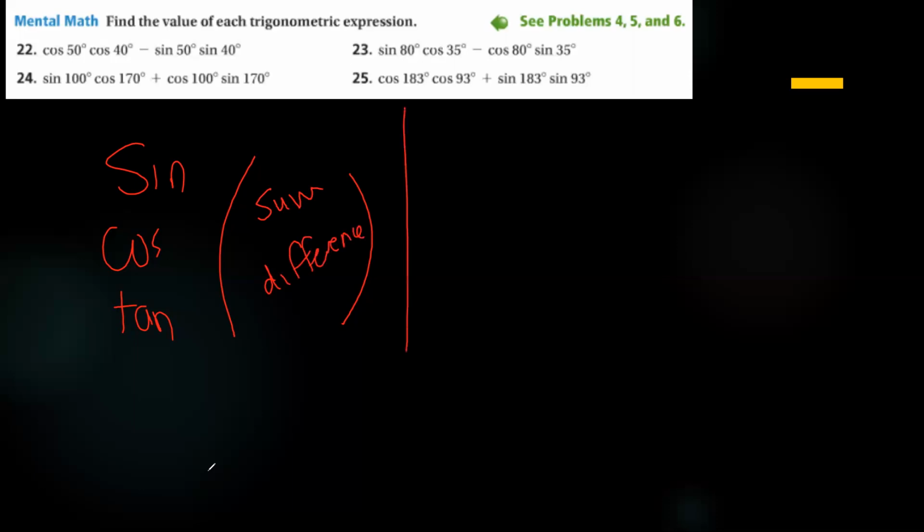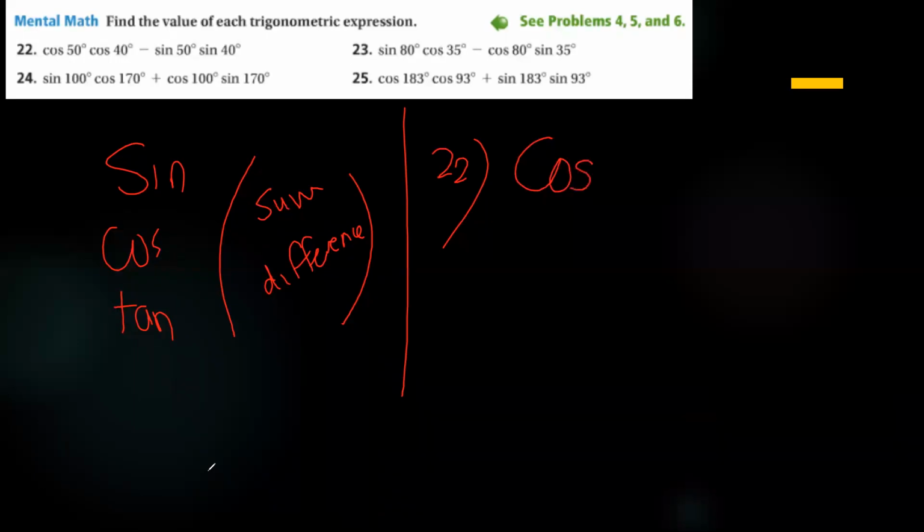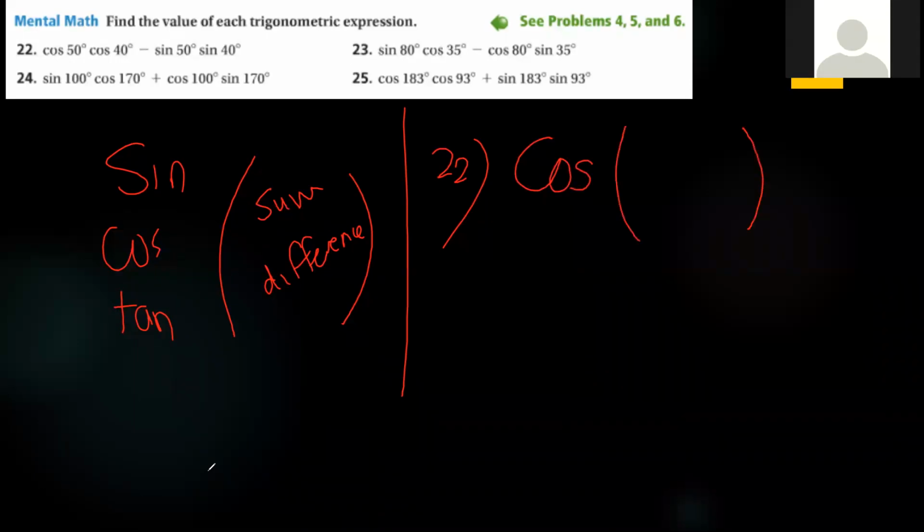Let's see here. Number 22. Cosine, cosine minus sine, sine. First, cosine, cosine. So if you remember, cosine, cosine, I'm talking about cosine. So I know which identity I'm talking about. Remember that for cosine, I told you that I change the sign.